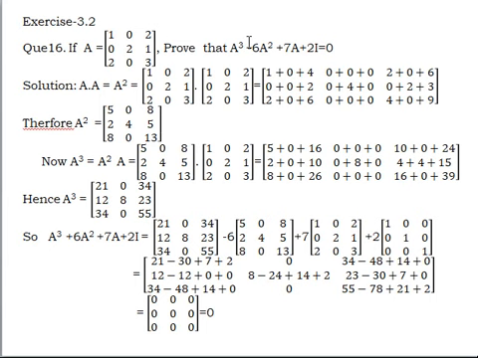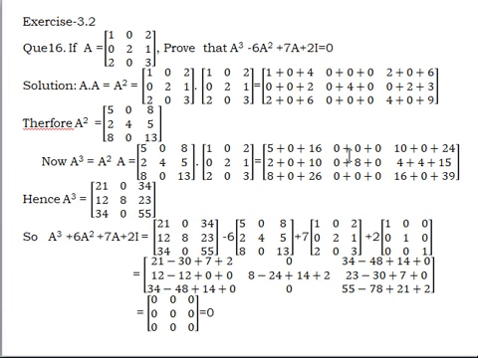Now in this expression we have to find A cube. So first we find A square, then next we will find A cube. So A cube is A square multiplied with A. Here we have written A square, and then here is A. When we multiply these two again, we will get A cube.